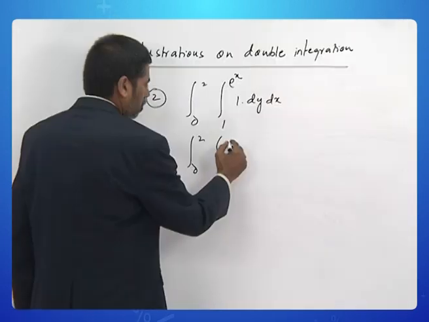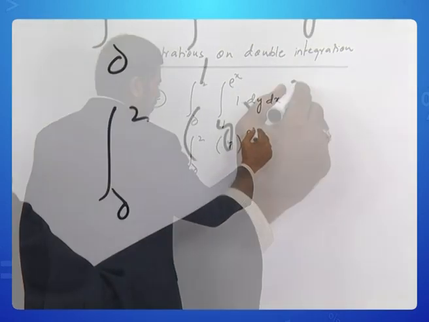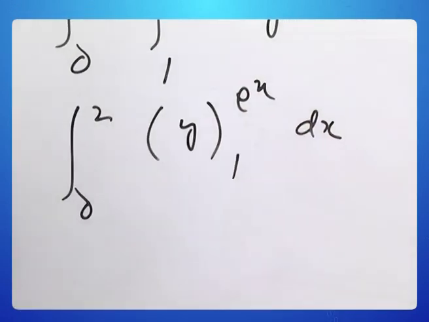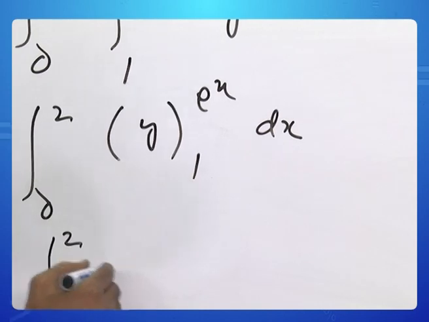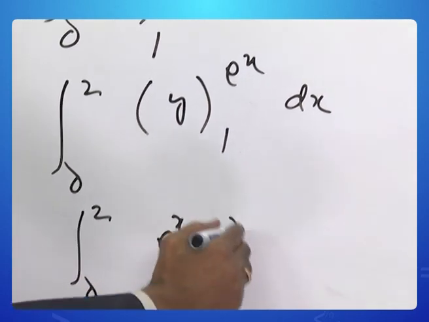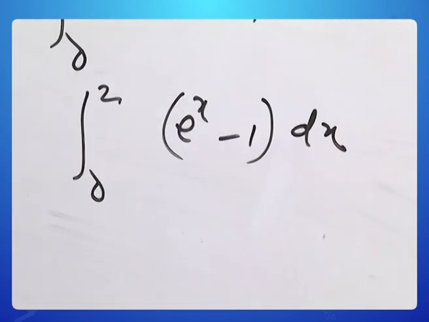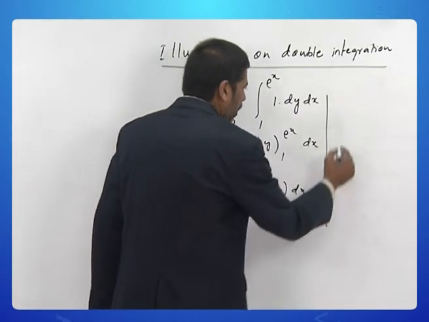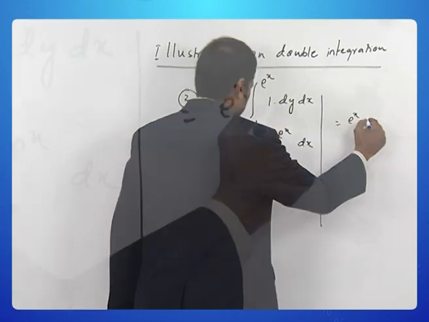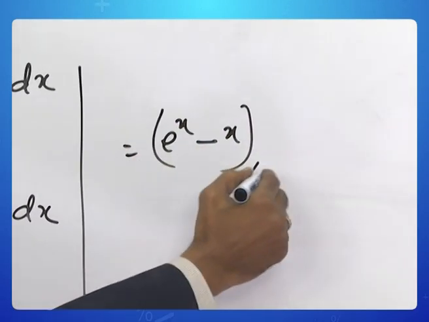0 to 2, from 1 to e power x, dx. So 0 to 2, e power x minus 1. This is plain integration, and we'll have e power x minus x from 0 to 2.